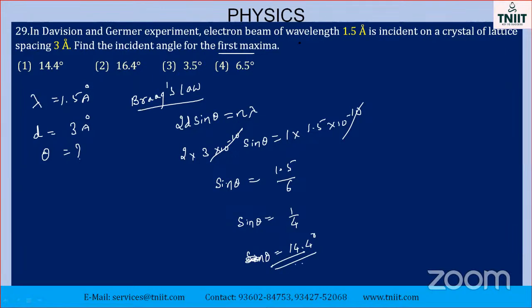Actually, in the problem they should give the value of sin 14 degrees. They have given sin 14 degrees as 1 by 4. This data will be there in the exam.